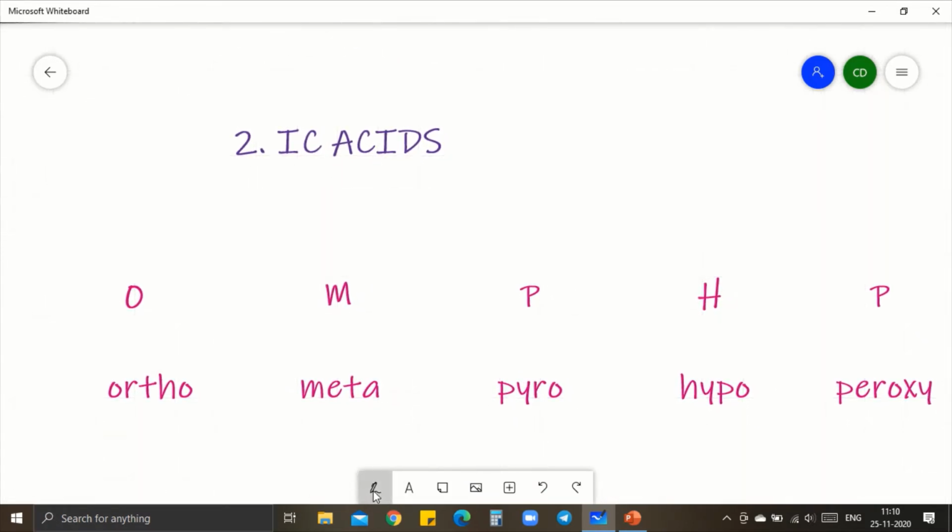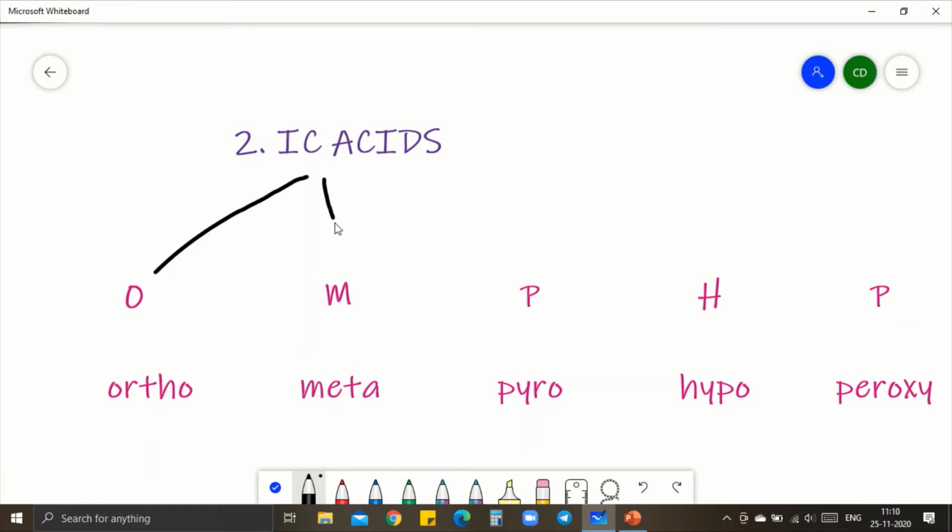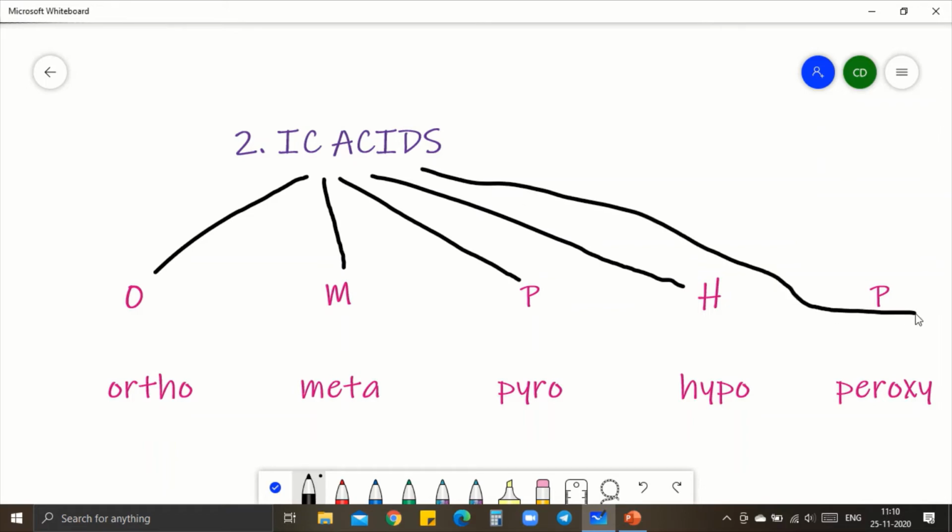These -ic acids, now the secret code here is OMPHP. There is another P. So O for again orthophosphoric acid, metaphosphoric acid, pyrophosphoric acid, hypophosphoric acid, and another P stands for peroxyphosphoric acid.